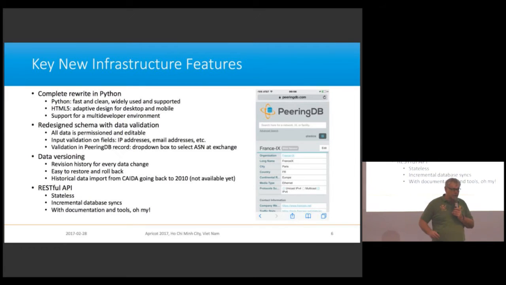We also are able to have data from history, which is most useful for researchers. And what is most important is that we had a MySQL interface, but what we now have is a RESTful API, which is stateless and which is very useful.